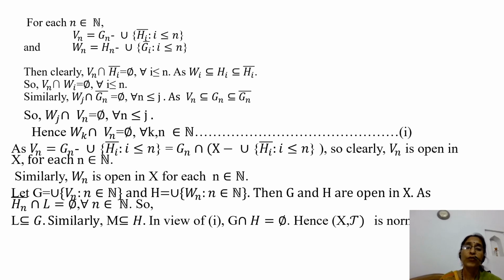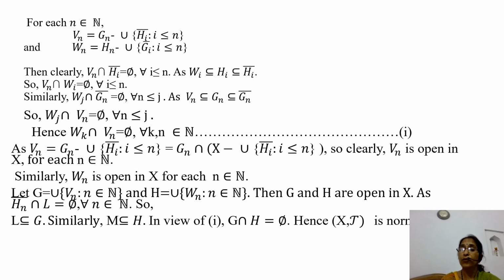From the definition of Vn, we have Vn is equal to Gn minus union of Hi closure where i is less than or equal to n. Then this can be written as Gn intersection complement of union of Hi closure, i less than or equal to n.